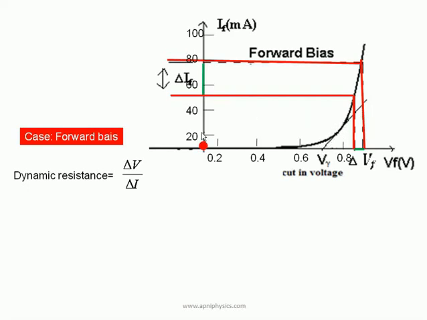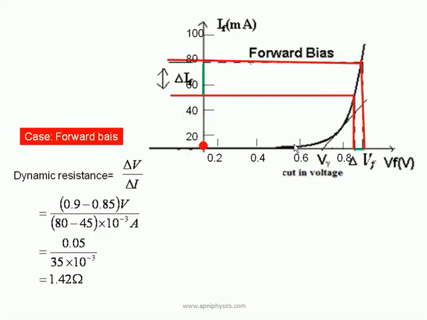But in case of a PN junction diode, when you plot the VI, it comes into the exponential form like this. So for the slope, we always choose a linear segment of the graph. So remember it.